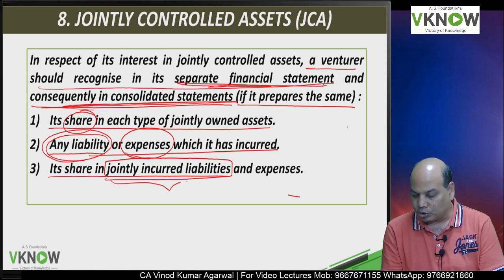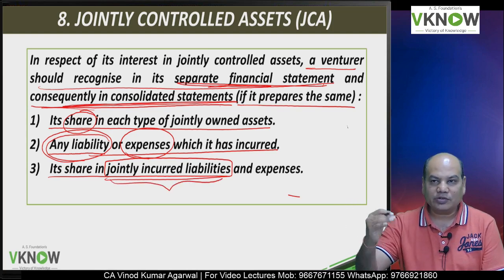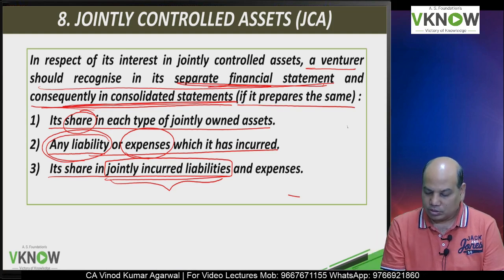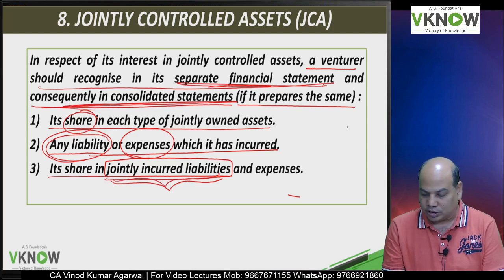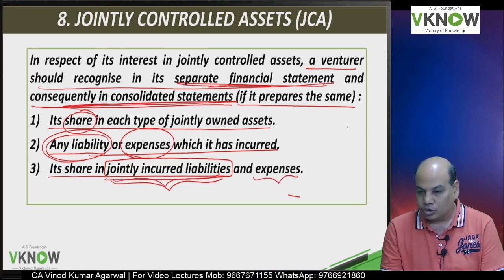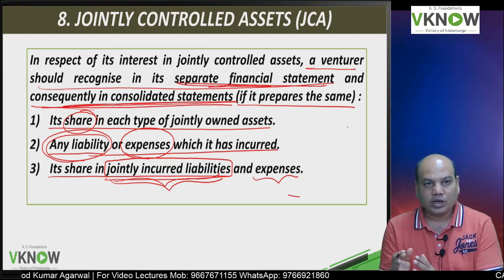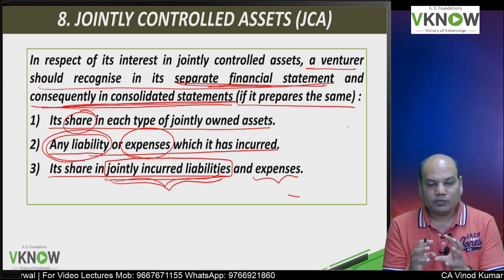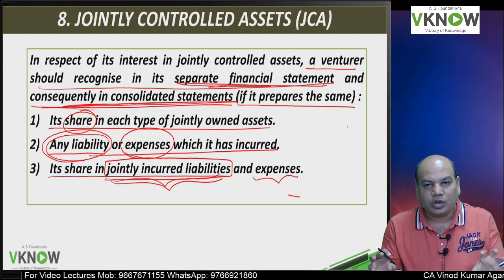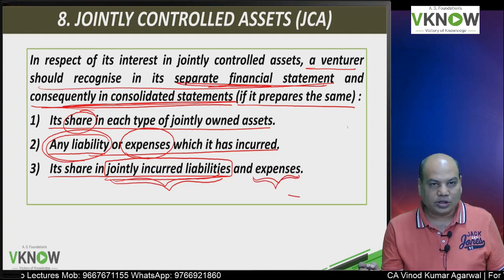For example, property tax payable, society maintenance charges payable, the parties will record according to the agreed ratio. Similarly, the common expenses relating to that jointly controlled asset, like maintenance of a building, will again be recorded in each venturer's book according to the ratio they have agreed.